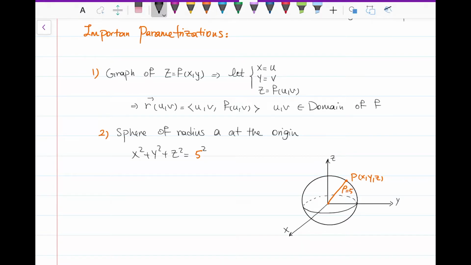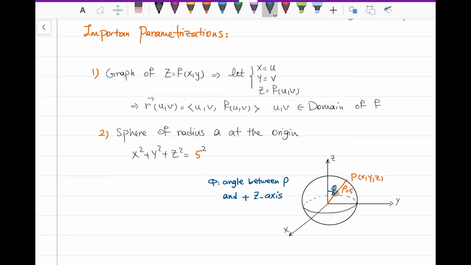And then I'm going to show what z, x, and y are. I'm going to use the angle between rho and the positive z-axis. So phi is the angle between rho and the positive z-axis.